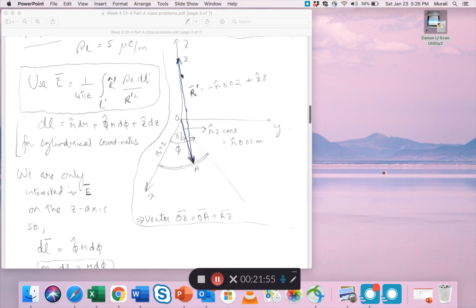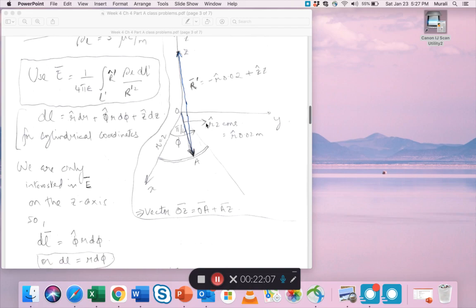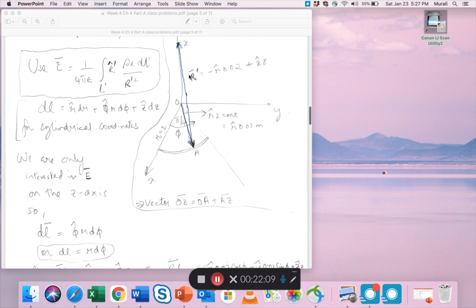This, let's see. So this vector O to z, right, is this plus this, right? O to a and a to z. So using that, a to z is this r prime. You can then write OA equals OZ minus AZ, which is really what we are doing here, right?